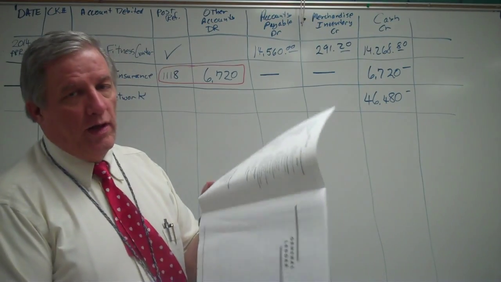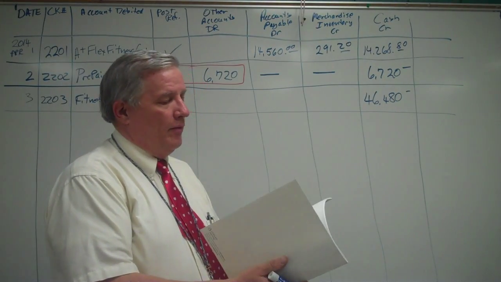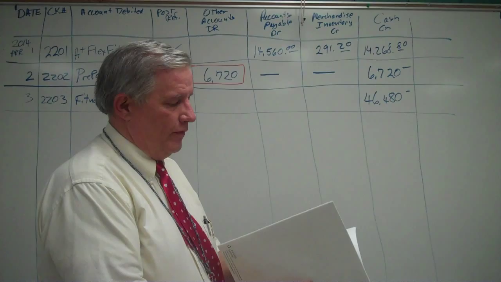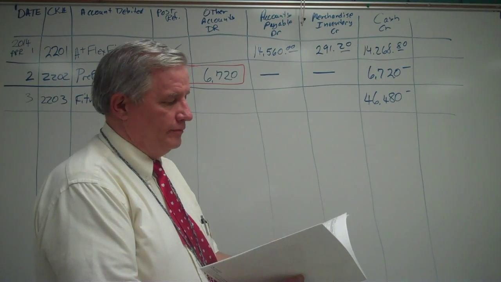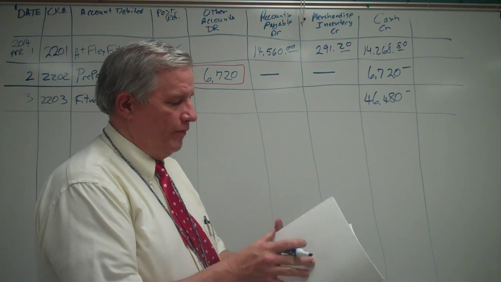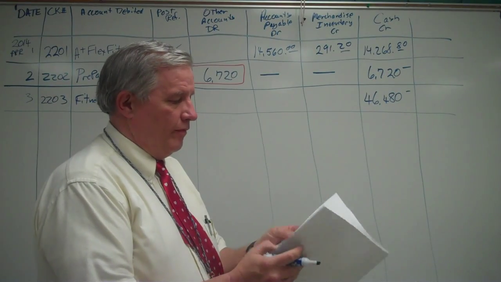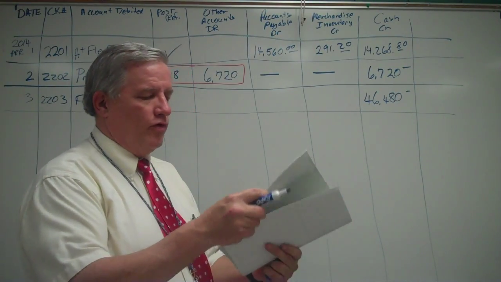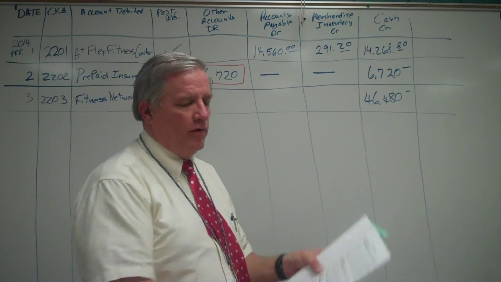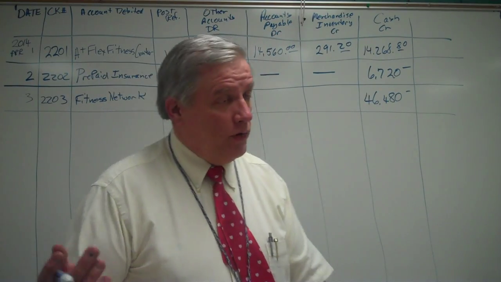So I'm going to look in the subsidiary ledger, accounts payable. I'm going to find Fitness Network. I hope. Fitness Network, sure enough, we owe them $46,480. No discount.